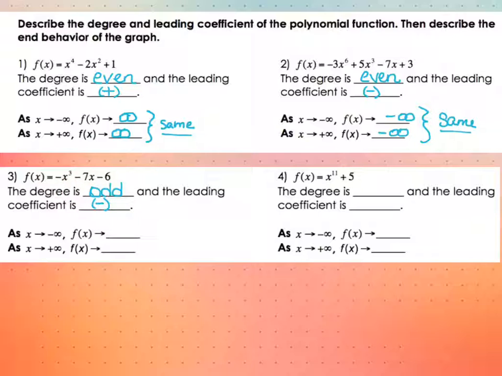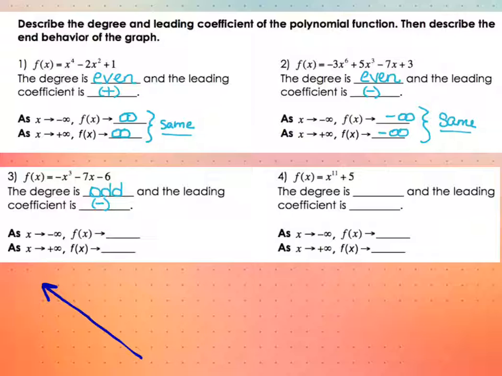So odd degree functions have opposite end behavior, and when the leading coefficient is negative, it's kind of like a line that has a negative slope. So y'all should be familiar with a slope. A line with a negative slope rises to the left and falls to the right.